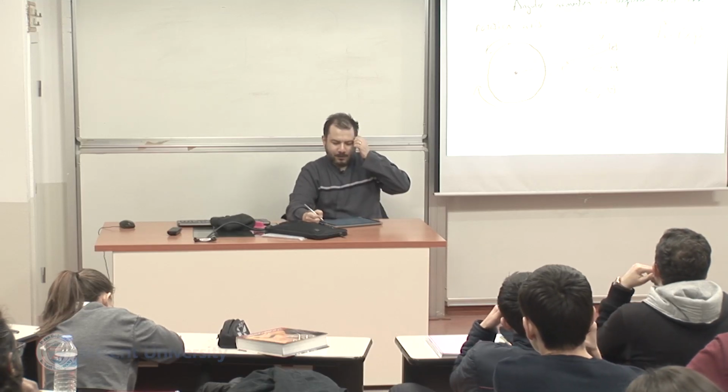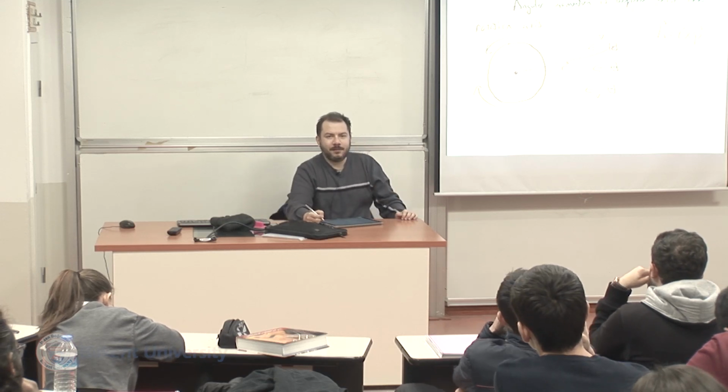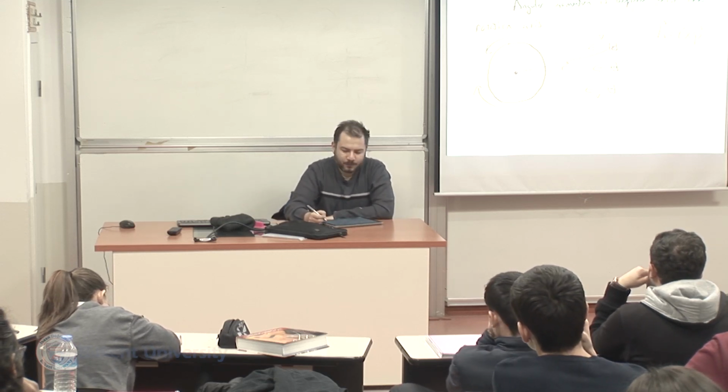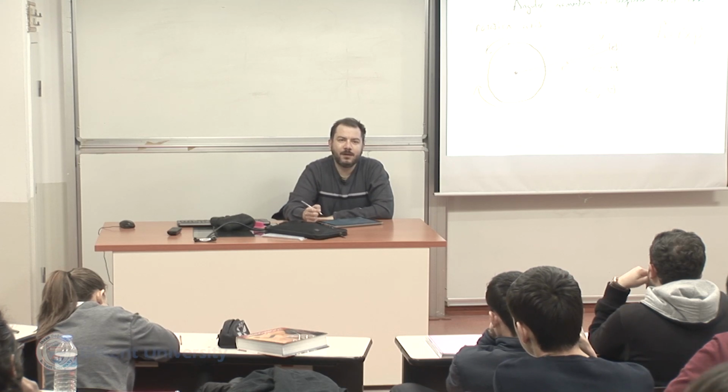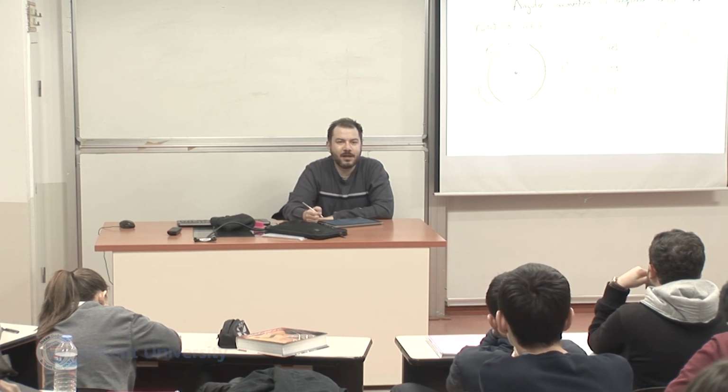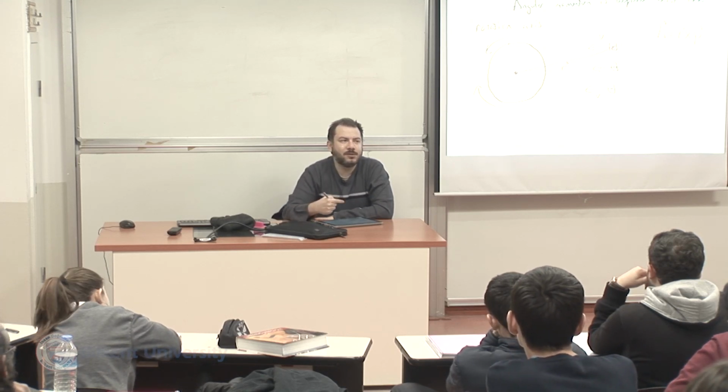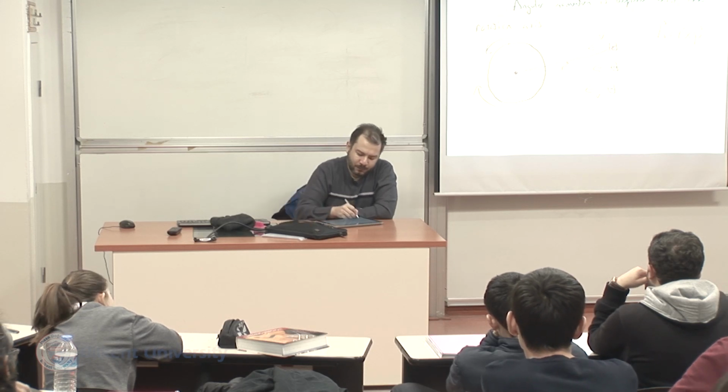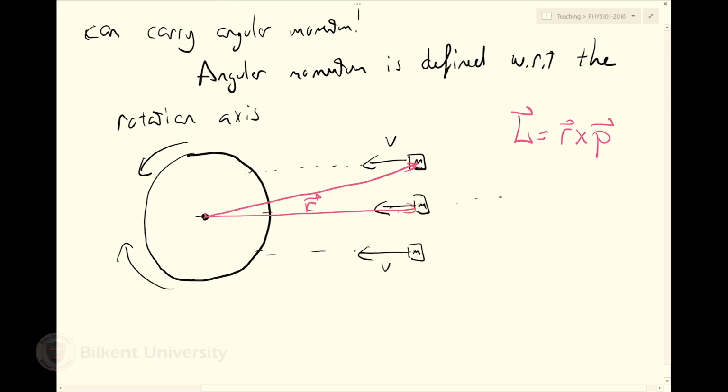Now, let's see if this makes sense. First of all, why do I have a cross product? What is the angular momentum imparted onto this platform if R and P are in the same line?